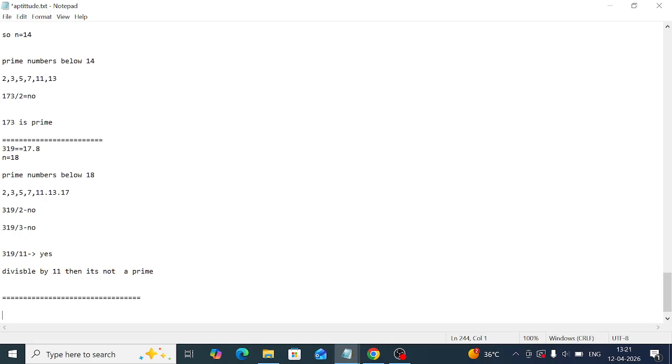Next, a plus b whole cube is equal to a cube plus b cube plus 3ab into a plus b. a minus b whole cube is equal to a cube minus b cube minus 3ab into a minus b. Like that, you already know these formulas, right?